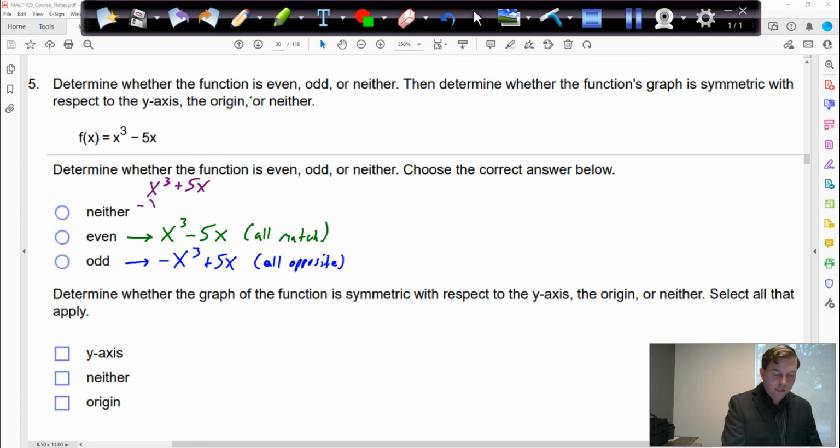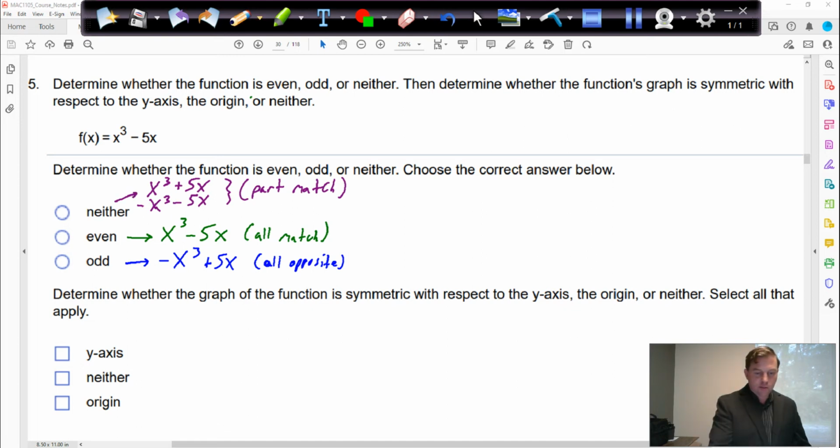Or maybe it's minus x cubed, and then we have minus 5x. So in these cases, you get a part match, but not a full match. So that would be the case for neither. So we just have to plug in negative x and see which case we get.